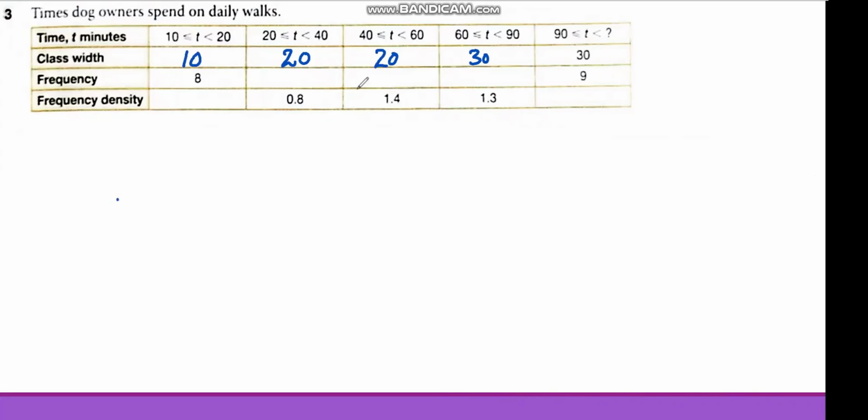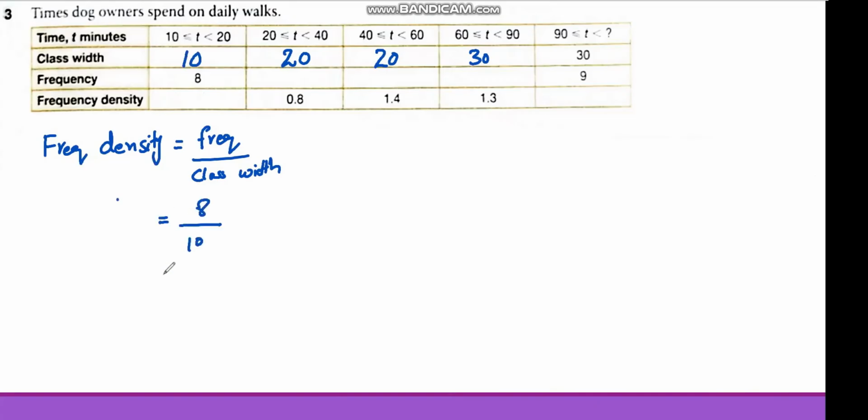Now we know that for the frequency density, we use this formula: we divide the frequency by the class width. So for the first interval, the frequency density should be 8 divided by 10, which means 0.8.